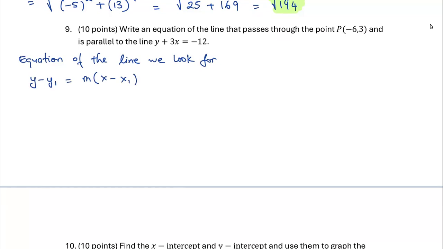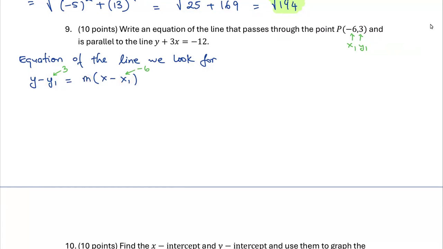It passes through the point -6, 3. So the -6 is my x1, the 3 is my y1. So I get these values already, right? Let me write. I'm sorry, I wrote it opposite. This is 3, and this is -6. What we don't have right now is the m.